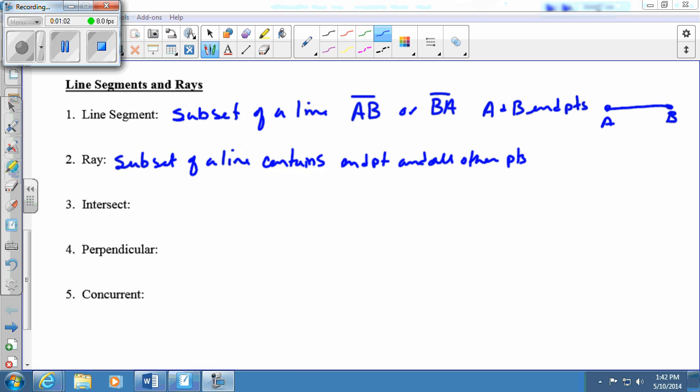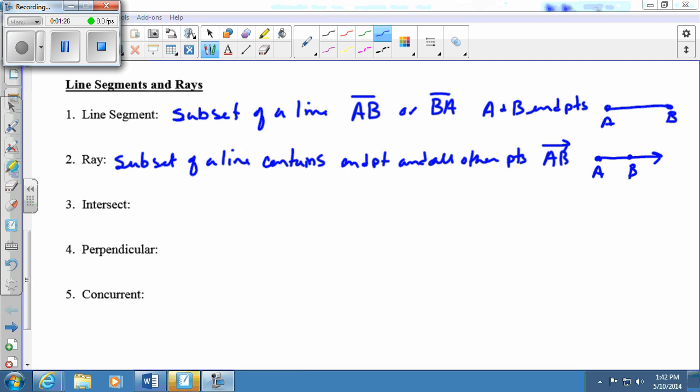So what that would look like, AB, and there's a little arrow across the top, and so it contains all other points beyond. So this would be A, my endpoint, and it contains all other points beyond B in that direction.